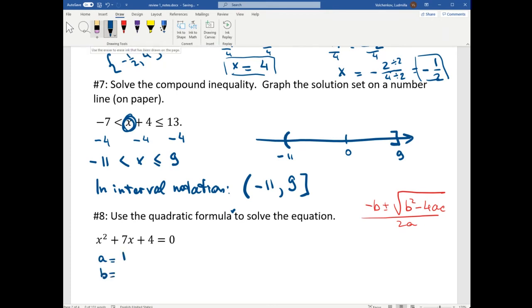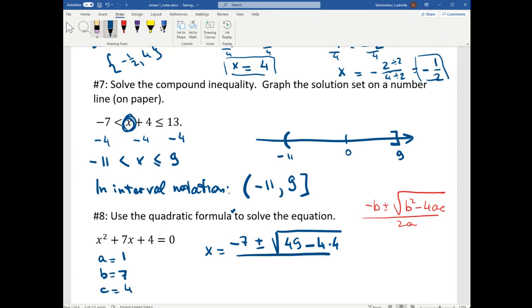What is b? b is the linear coefficient, the 7 here, and c equals 4. Then we substitute them into the formula. So negative b, negative 7 plus or minus square root of b squared, 7 squared, which is 49, minus 4 times a, which is 1, times c, which is 4, and divided by 2 times a, which is 1.